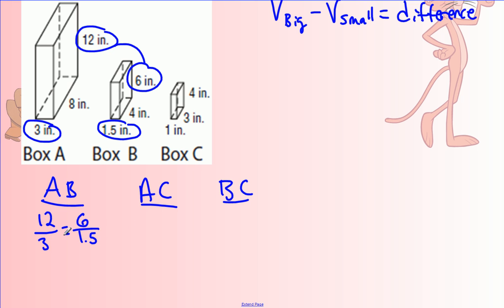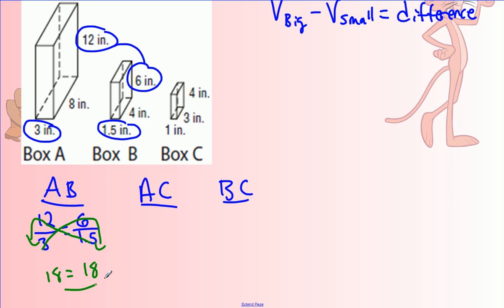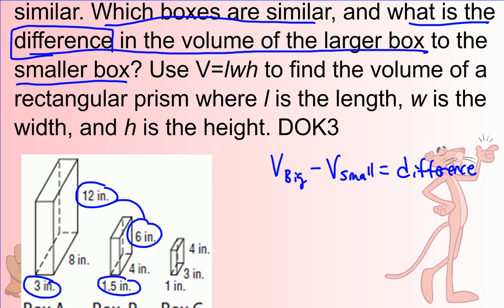If I cross multiply, 3 times 6 is 18, 1.5 times 12 is 18. Look at that. First try, I found which two are similar. So boxes A and B are similar.